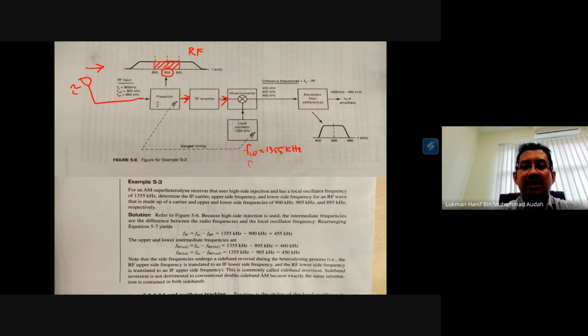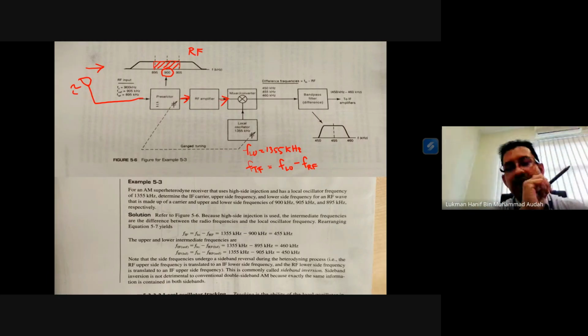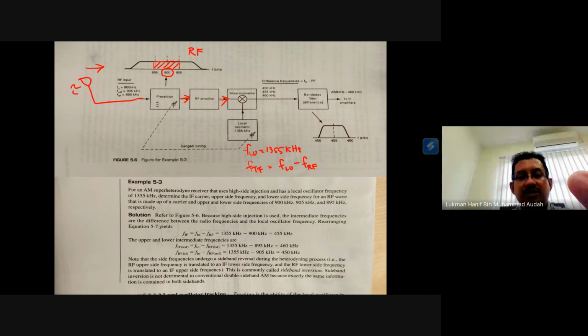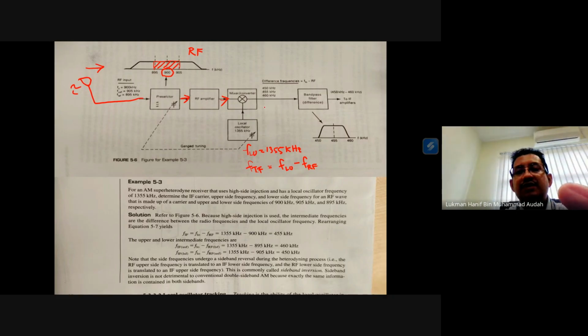That means I can find the FIF using this equation: FLO minus FRF. When we subtract the frequencies, we can find the FIF over here. So how much will be the FIF?